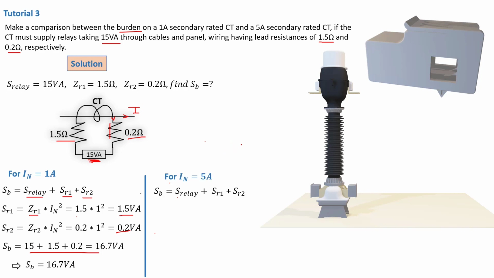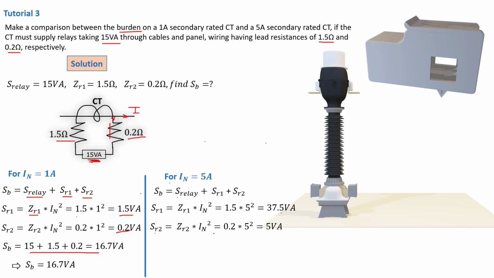For a 5 amp CT rated current, SB is going to be equal to the same formula. Then we calculate S for R1, and then we find 37.5. Notice how it increases. Then we move on to the next resistance, that is SR2.